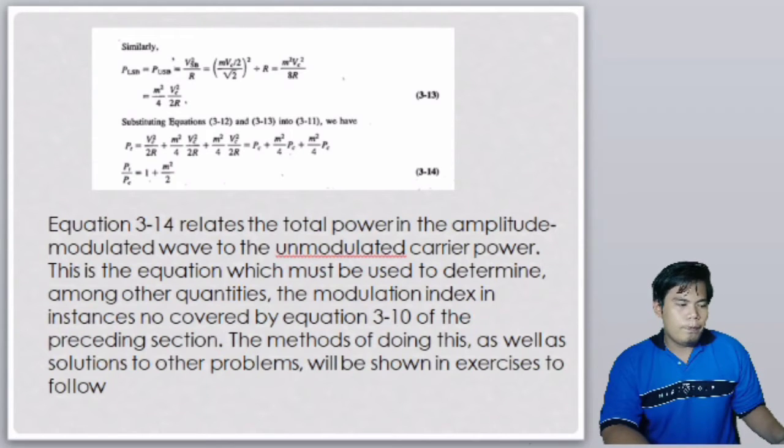So, what happened is the power total over power carrier is equal to 1 plus M squared over 2.